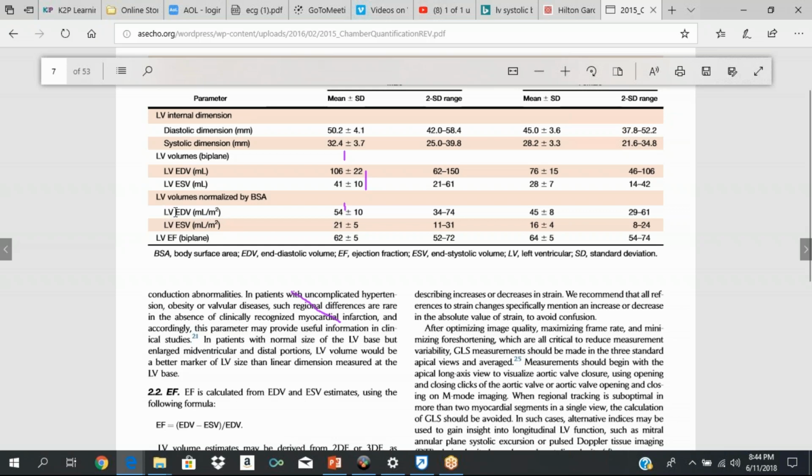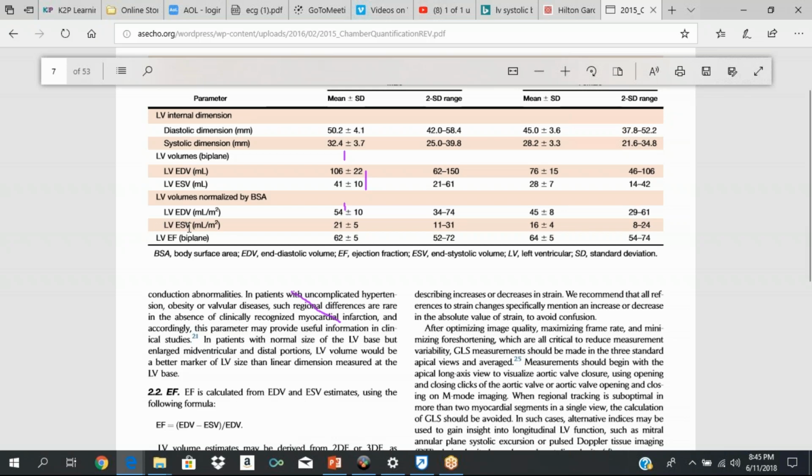So for males, the left ventricle end diastolic volume index is 34 to 74. For females, a little bit smaller, 29 to 61. And then you can also index the end systolic volume. You just get the volume and divide it by the body surface area.